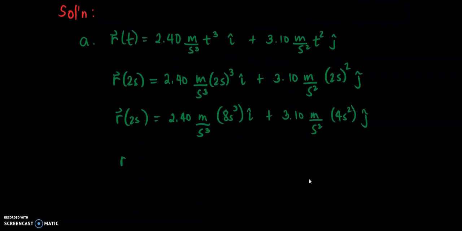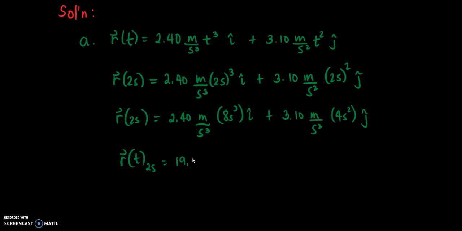Then the position of the particle when t is 2 seconds is equal to 2.40 multiplied by 8, that is 19.2.